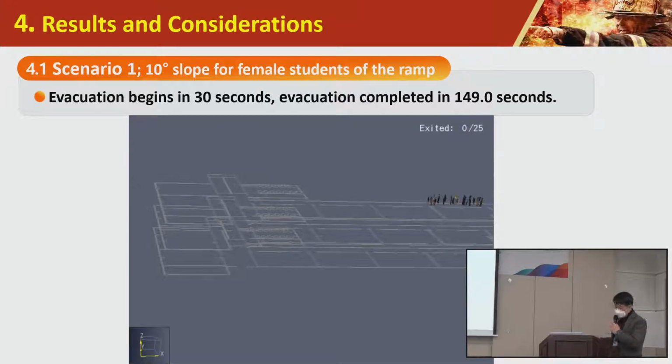This slide is a video of the analysis result of scenario 1, where the slope is 10 degrees.